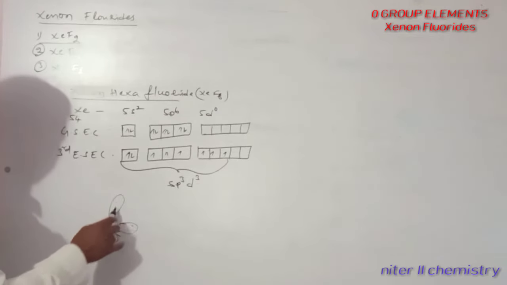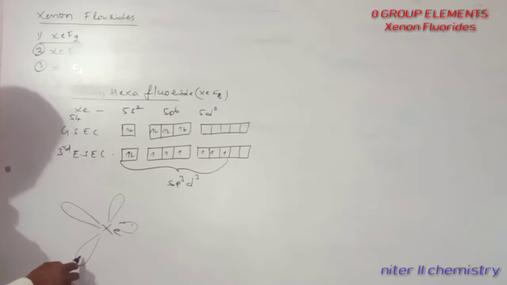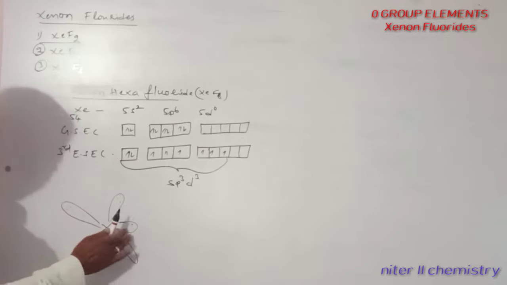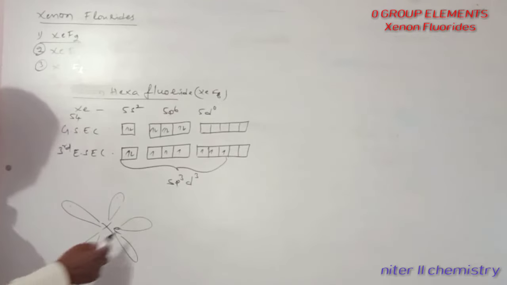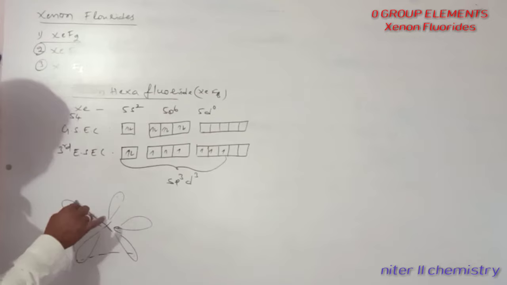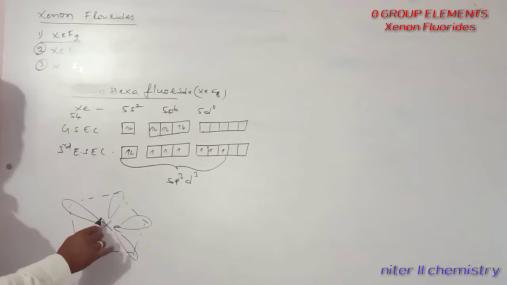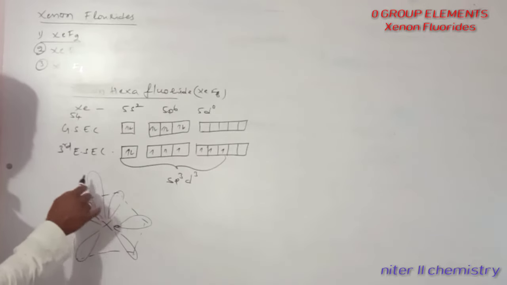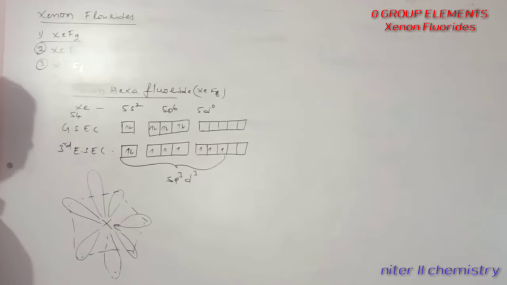The remaining sp3d3 hybrids are like this, in a pentagonal geometry, with only unpaired electrons. The other 2 orbitals: one is upside with 1 unpaired electron, the other one is downside with 1 unpaired electron.